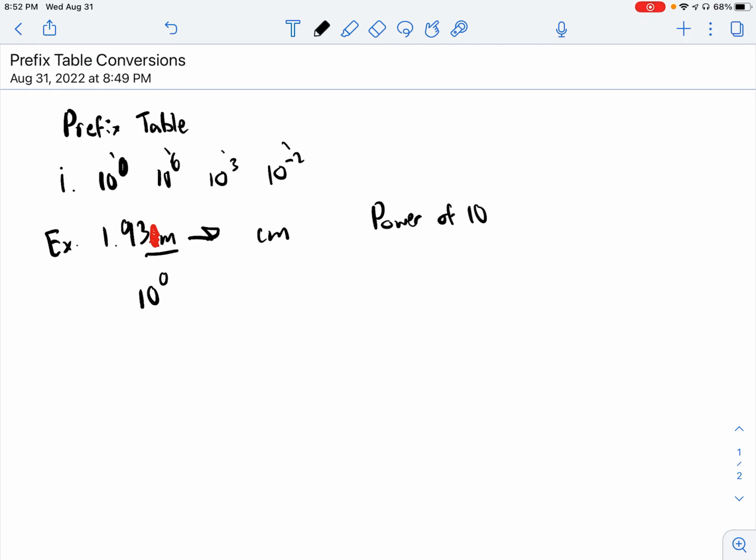Now look at what we're trying to get to, centimeters. Go ahead and find centi on your prefix table, and you should have found 10 to the negative second. Our next step is determining which power of 10 is the larger number.